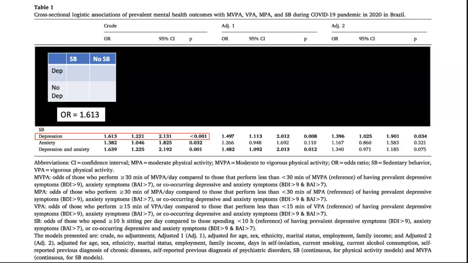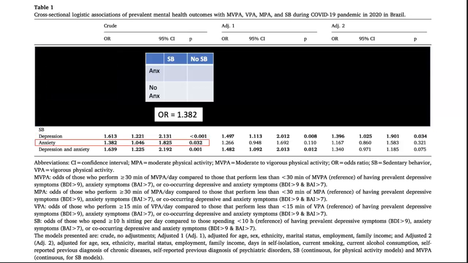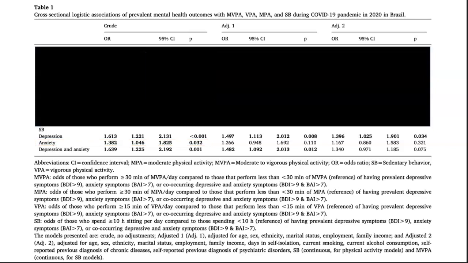So to interpret the next row, the way to think about this is that this is looking at the relationship between anxiety as the independent variable and sedentary behavior as the outcome variable. If you assume that people with anxiety are the exposed group, the unexposed group is no anxiety. If you set up this table and you plugged in the numbers based on the data, you would get this odds ratio of 1.382. Then to interpret this last row, this depression and anxiety, what we're saying is that the independent variable is having both of those things together.